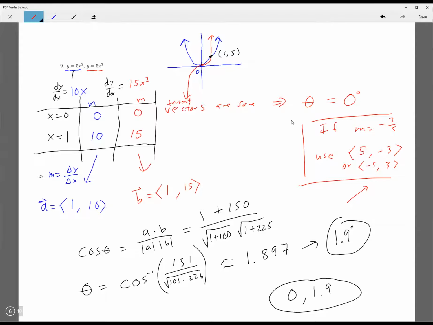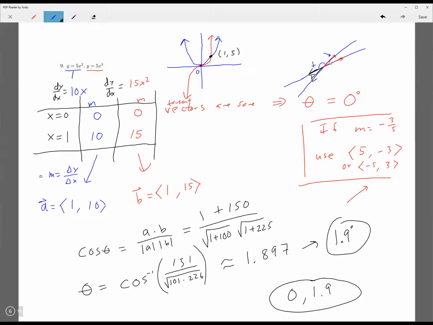If you have two lines that intersect like that, you either want to take this vector and that vector, or this vector and that vector. If you take this vector and that vector, it's going to give you this angle here.